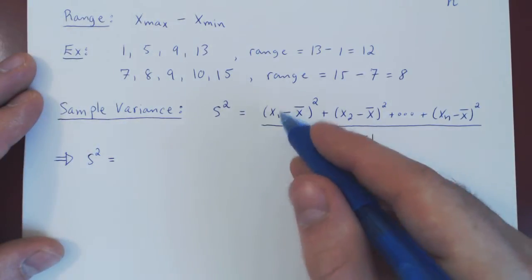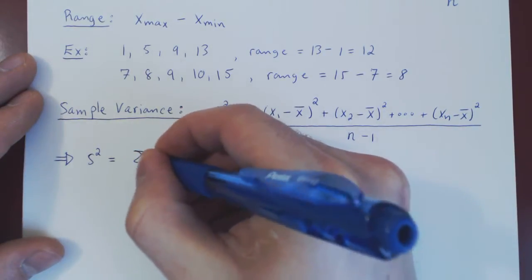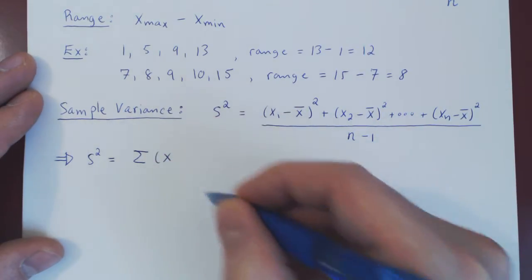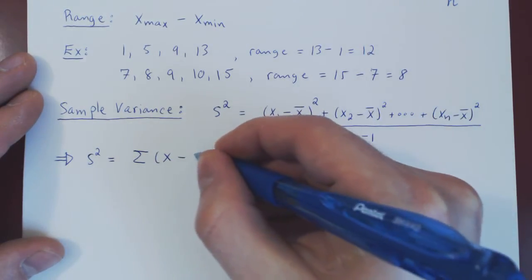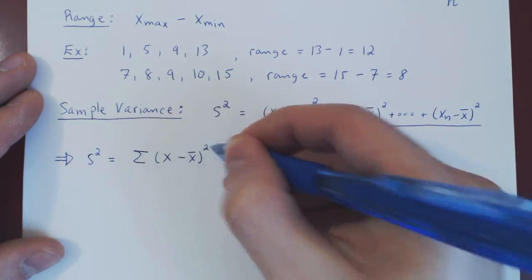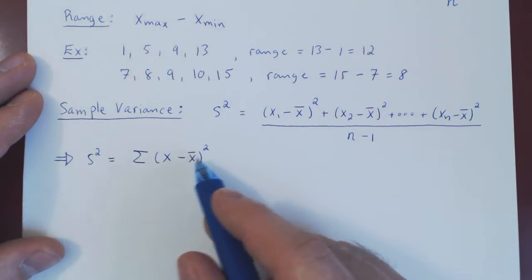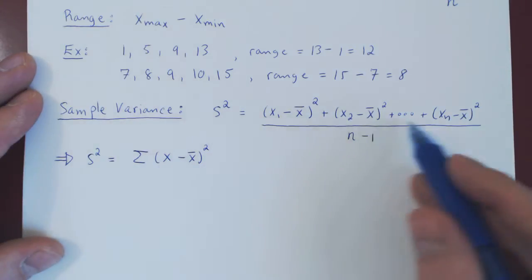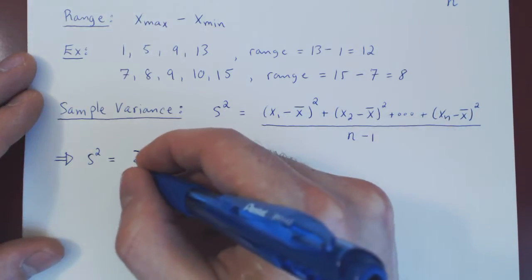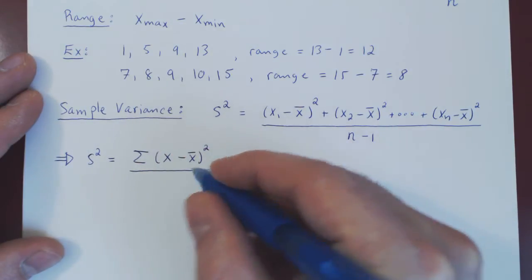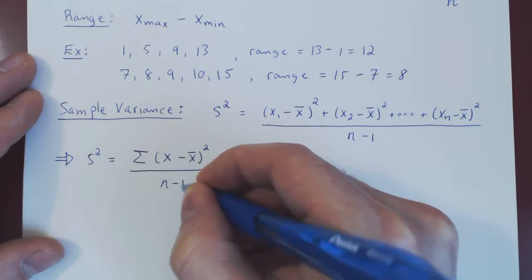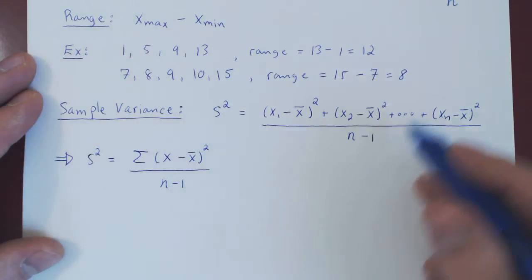All we do is sum, for each value of x, the value of x minus the average value, x bar, squared. So we add all those up for x1, x2, x3 up to xn. Once you sum all of these distances squared, we divide by n minus 1. And that is the sample variance.